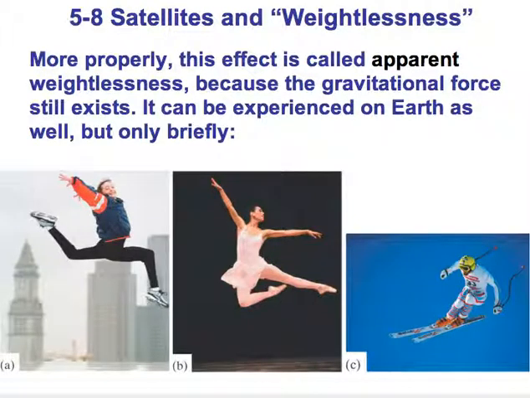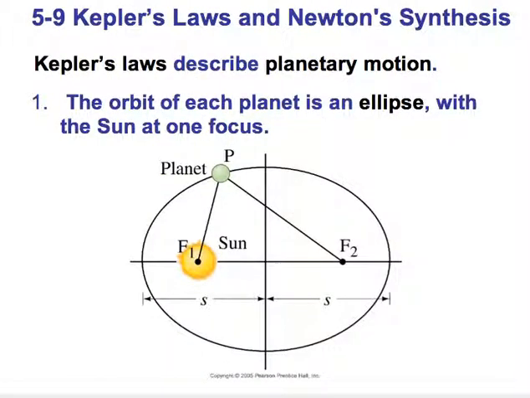Okay, so let's talk about Kepler's laws a little bit. So a guy by the name of Kepler came around and said, you know what? The planets don't actually orbit in perfect circles. They orbit in ellipses. What's an ellipse? It's the set of points where the sum of their distances, so if this is a planet, the sum of the distances from two foci is a constant.